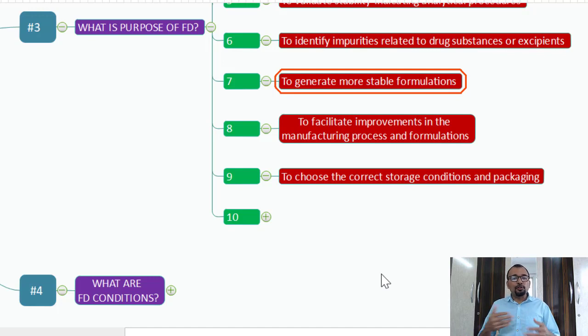The next one is to choose the correct storage conditions and packaging. It is very important that even if your product is susceptible to some conditions and those conditions are not in your control, for example, photolytic degradation. Photolytic degradation is going to be a possibility if there is light available during the shelf life of the product, right?